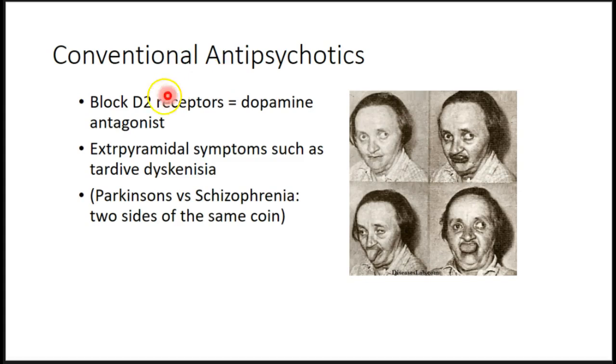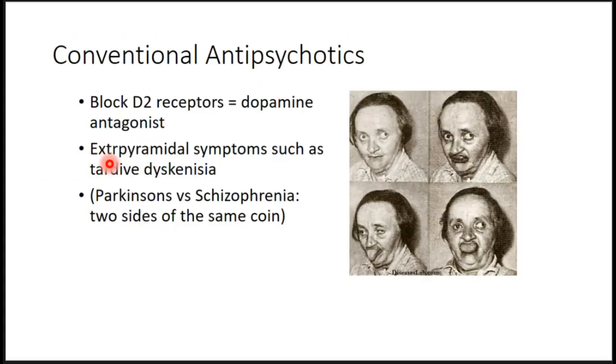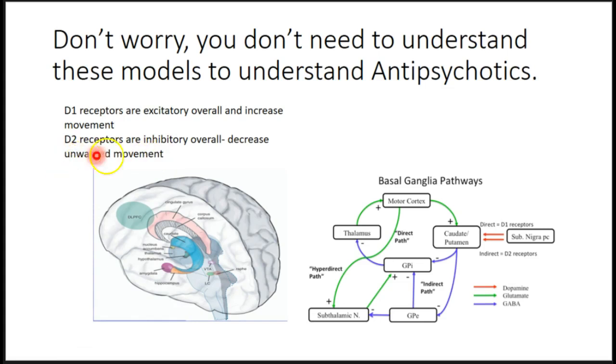Conventional antipsychotics block D2 receptors, so they will be dopamine antagonists. They will decrease the ability of dopamine to bind to those receptors in the basal ganglia for the D2 pathway, which according to this slide, decreases your unwanted movement. If you have disinhibition of this system, what are you going to get?